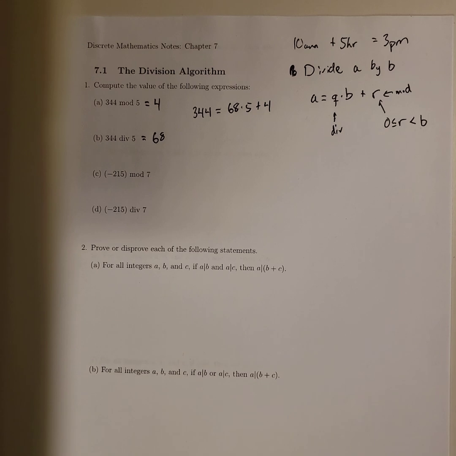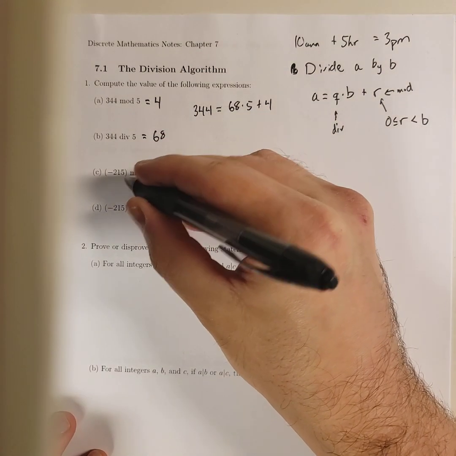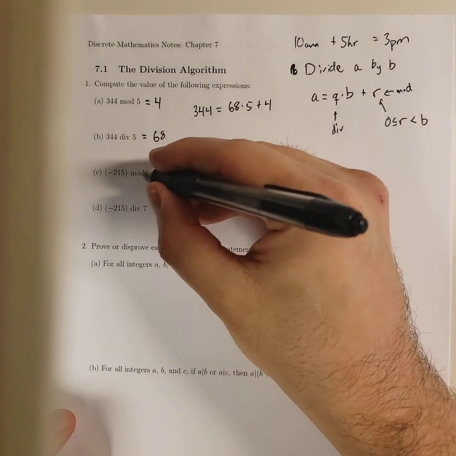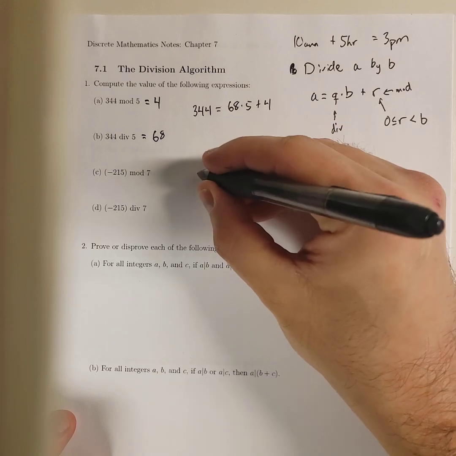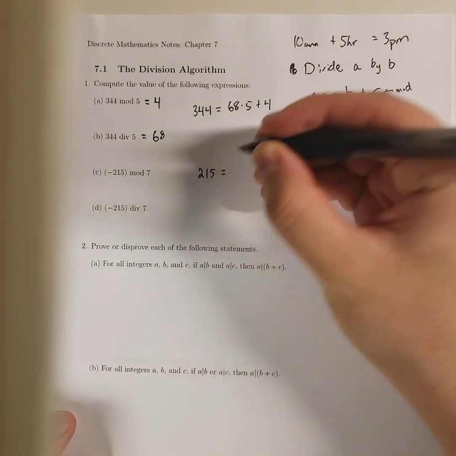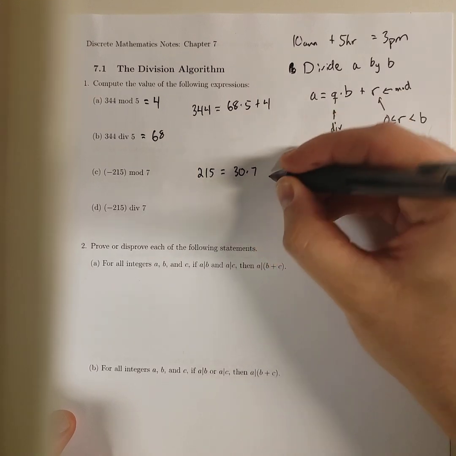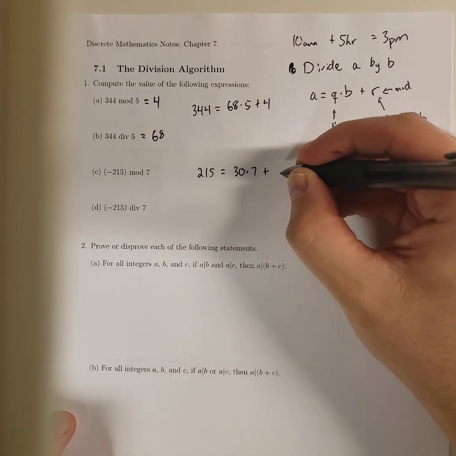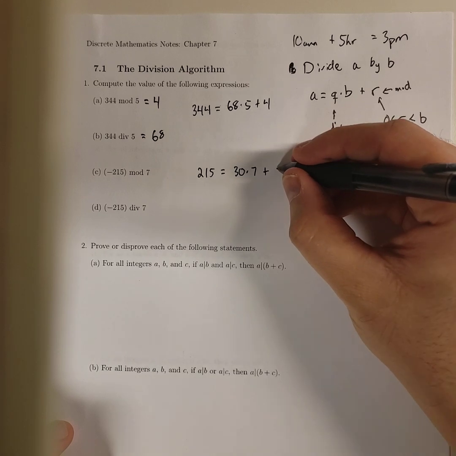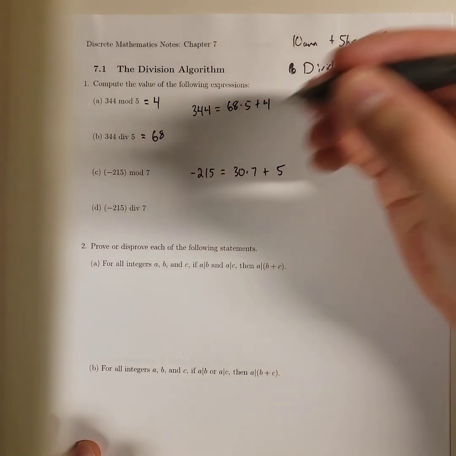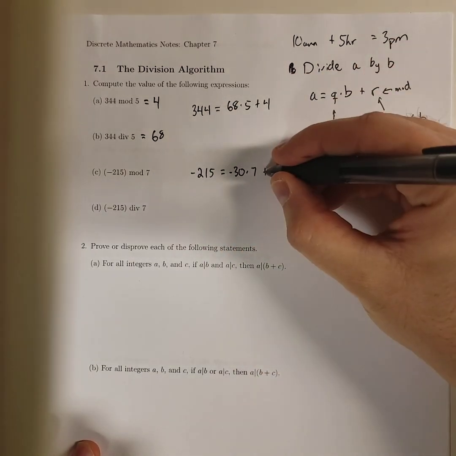But let's look at a case where we have a negative integer that we're dividing. When you divide a negative number by an integer, you'd probably just think of it as the positive. You would probably just take the 215, divide it by 7, it goes in 30 times, with a remainder of 5, right? But negative 215 would then be negative on both sides.